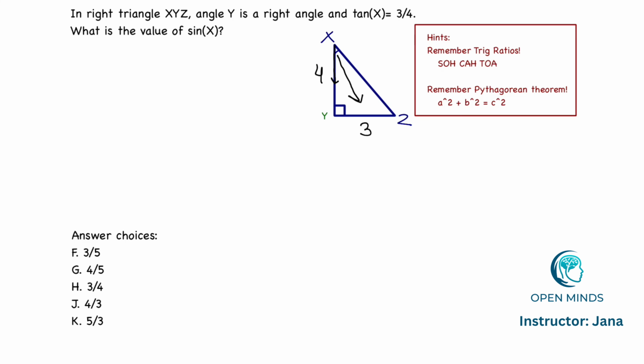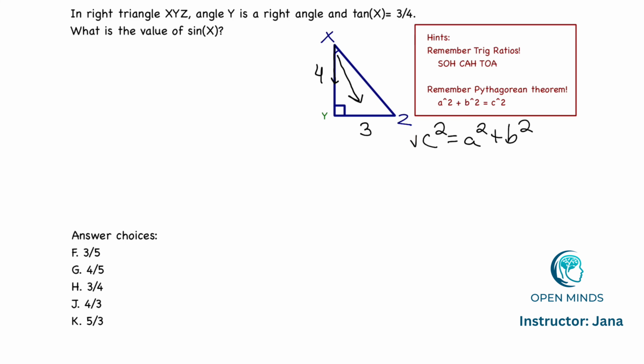Okay, so for those of you who know your special right triangles, you will know what the hypotenuse is. But if you don't, rest assured, we have Pythagorean theorem to help us. So a squared plus b squared equals c squared. So if you're looking for c, or your hypotenuse, we can rearrange the theorem as such. So c squared equals a squared plus b squared.